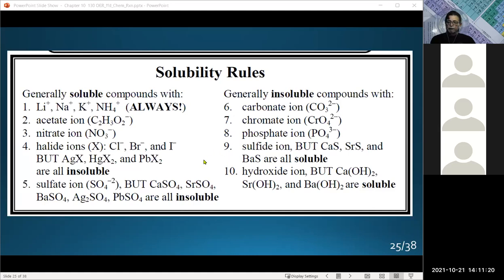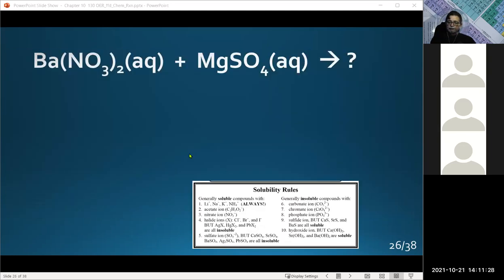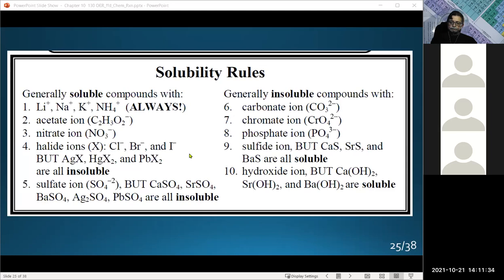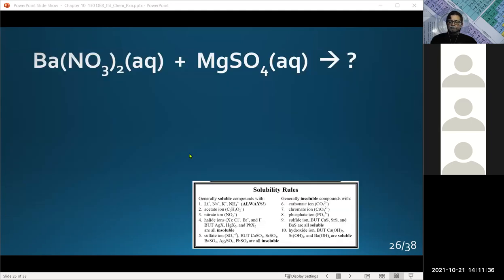If you look at number 4, silver halide, mercury halide, and lead halide. So there are some limited insoluble examples. All right, so we have barium nitrate and magnesium sulfate.